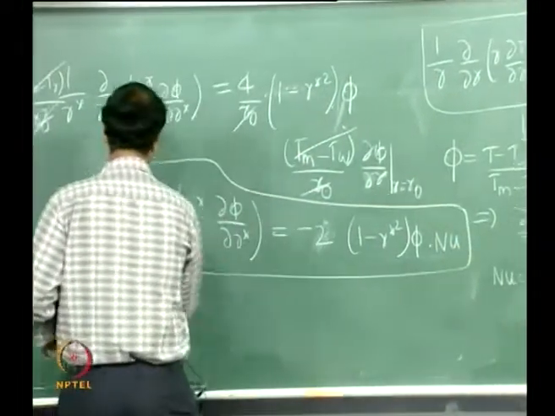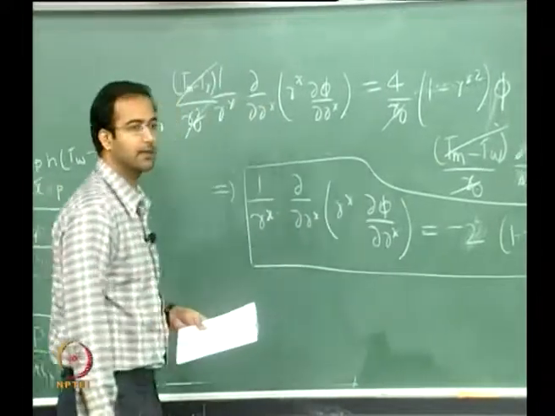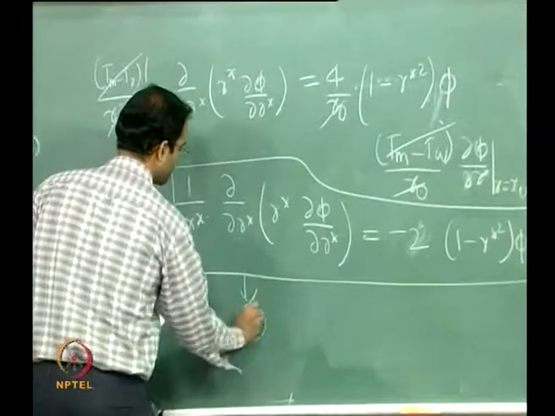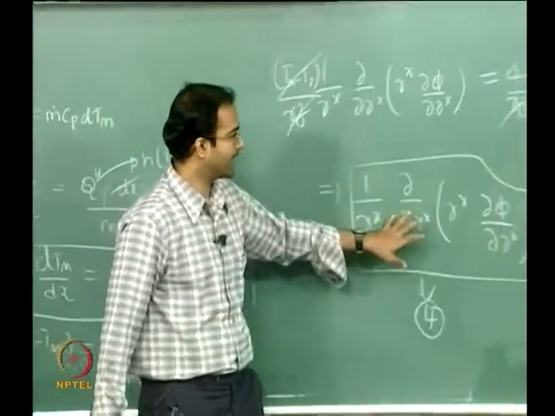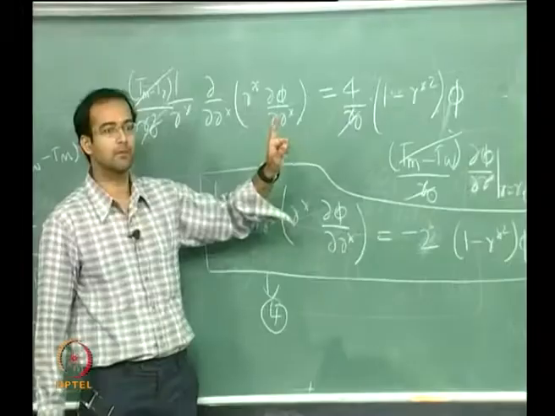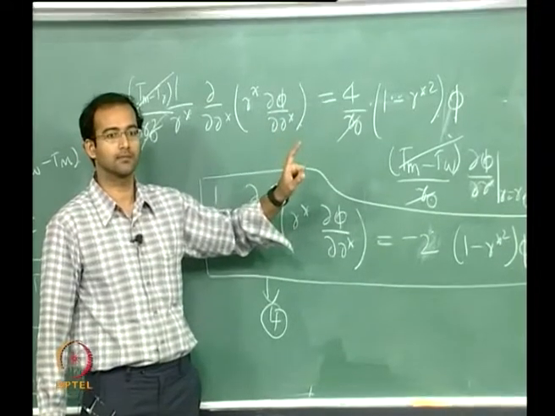So this is my final expression. You see this has reduced to an ODE now. I will call this number 4. This entire expression is now a function of phi, and remember, phi is a function of only r.